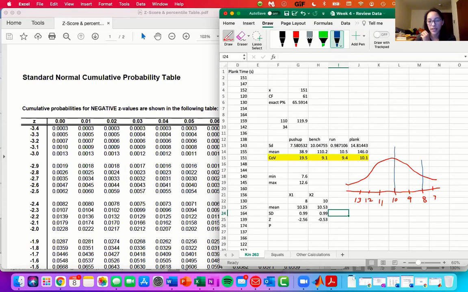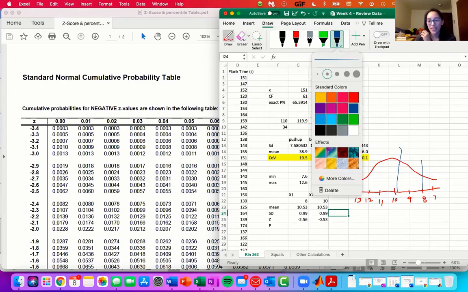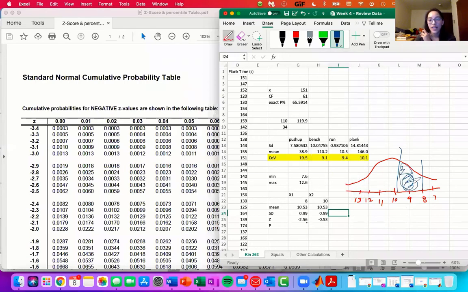It's actually 10.53, so we should be just slightly to the right of the mean, but the probability we're trying to find is this area here, okay? So with that being said, I'm gonna stop drawing and we're gonna go to our z-table.